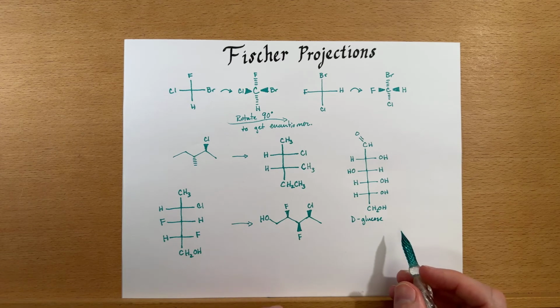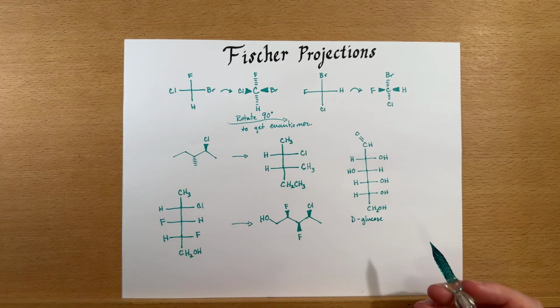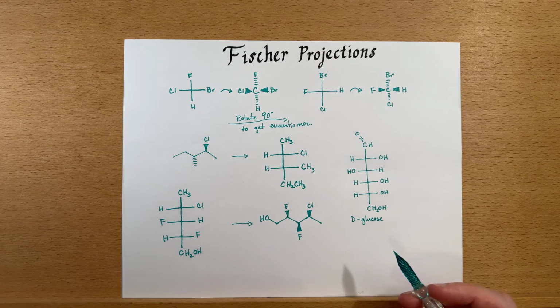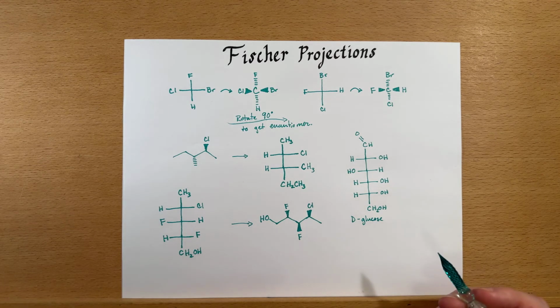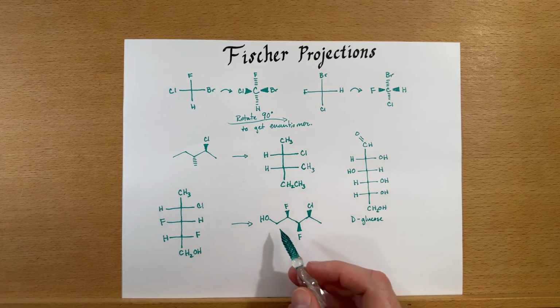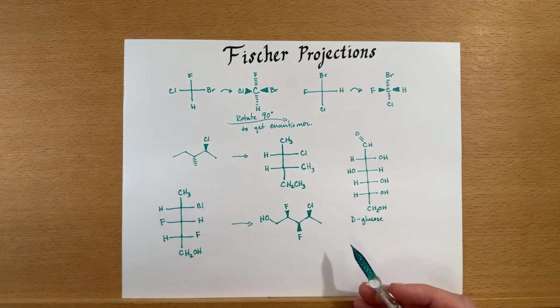With that many stereocenters, there will be a lot of isomers, and it will be a little bit challenging or time-consuming to draw them all in a wedge and dash notation.